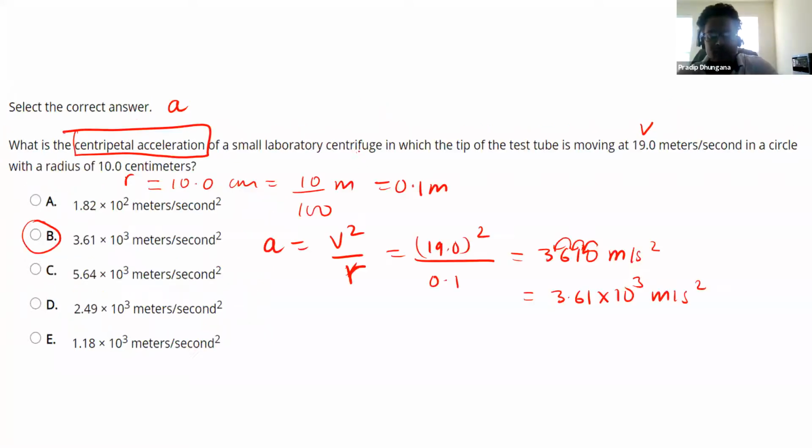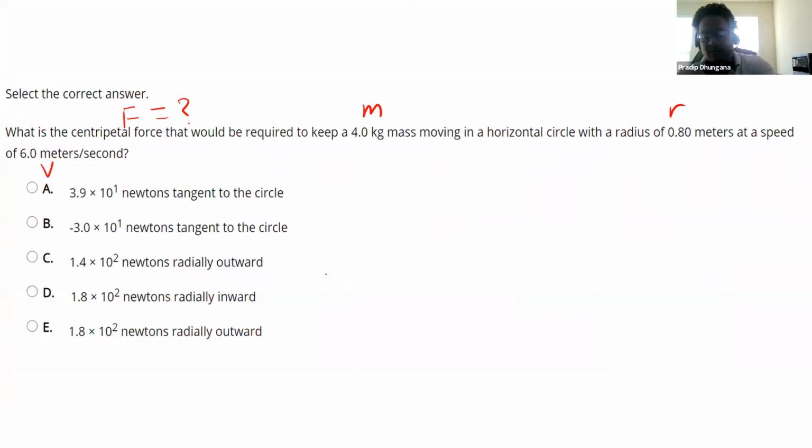So let's go back. We know that centripetal acceleration is v squared over r. So force is always equal to the product of mass and acceleration. Acceleration is v squared over r. So it becomes m v squared over r. Now let's substitute those values.